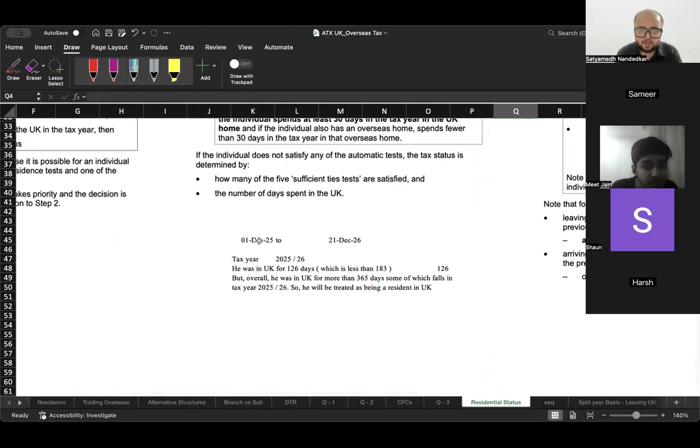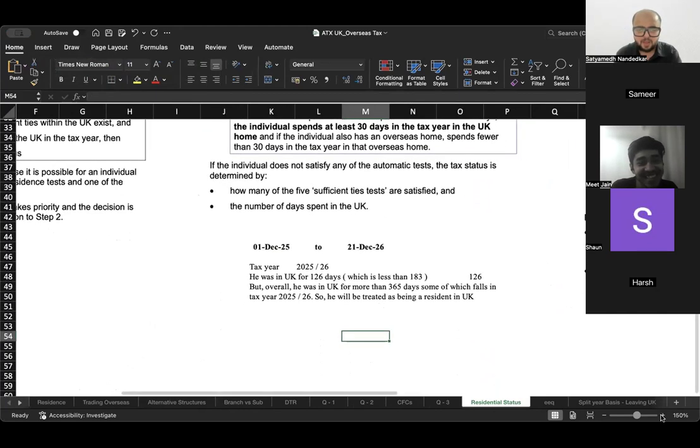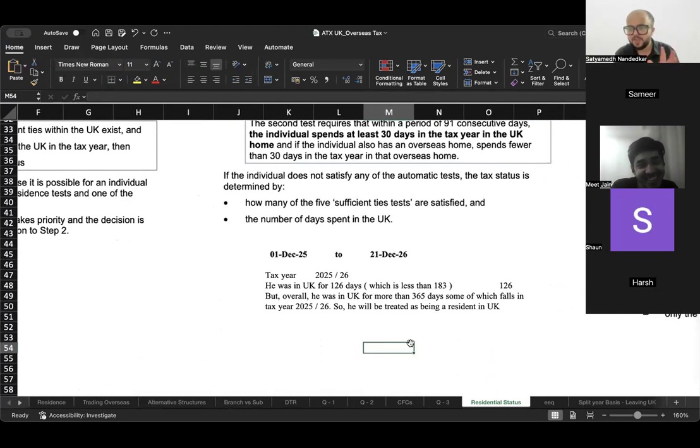Suppose Meet is in the UK from 1st of December 25 to 21st of December 2026. आप यूके का सीए ही बोलते हो ना अपने कोर्स को, तो you can go there. अब ऐसे भी बेवकूफ जनता को समझ में नहीं आता है unless you say this. What is your tax year? 25-26.